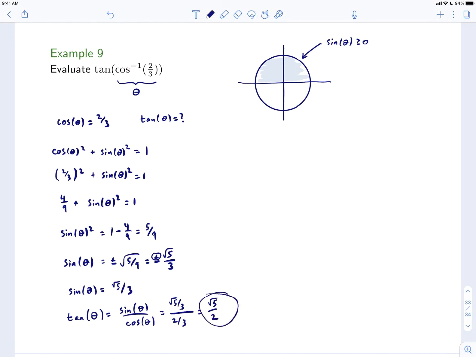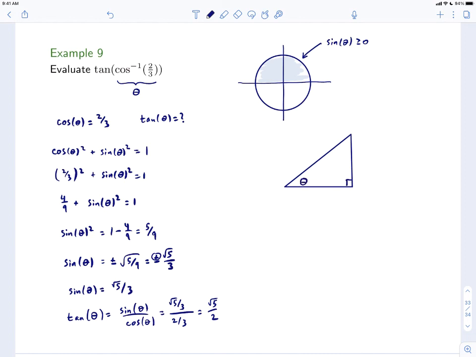And that's your answer. Now, once again, we can view this in terms of a right triangle. So let's construct a right triangle, like so. Let's say that this is our right triangle here, and this is our angle theta. Now, what do we know?